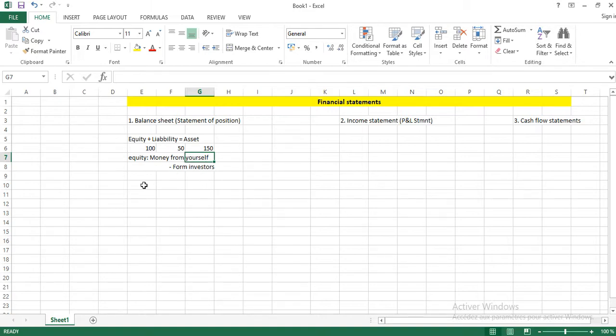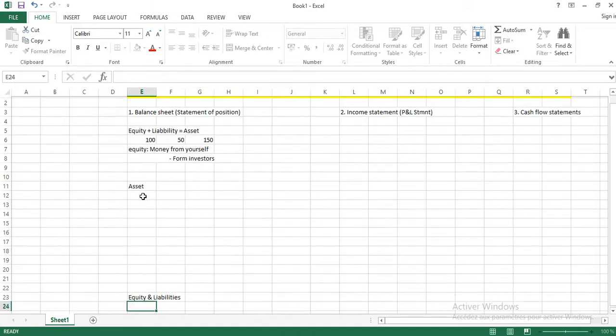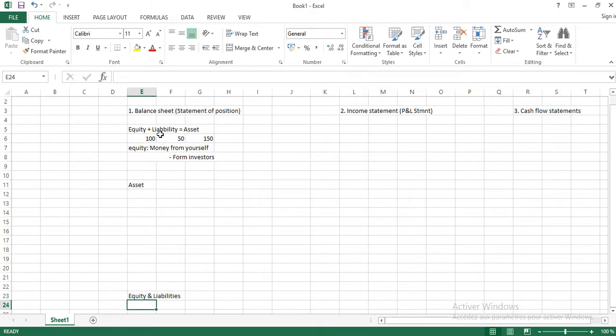All right, so let's start building a balance sheet. What are the most important elements in building a balance sheet? You have, first of all, assets. Then you have liabilities, equity and liabilities, always together. Like I told you, you have to refer to the accounting equation. I'm sorry, you have assets and you have equity and liabilities, all coming together.